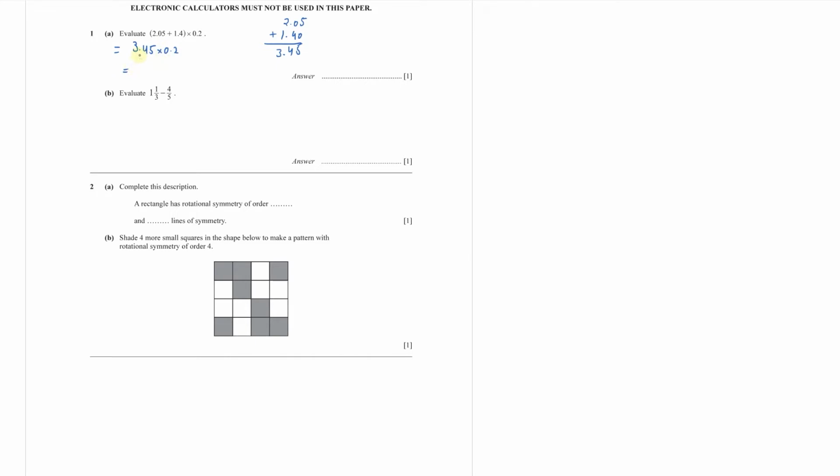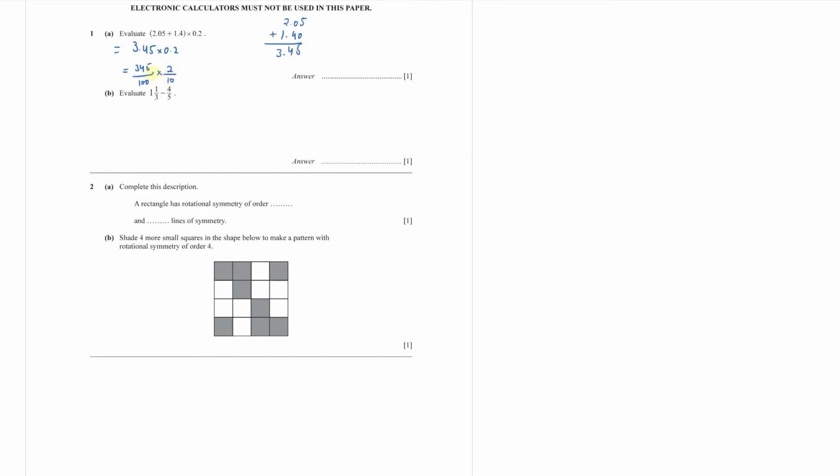So now you can do the decimal multiplication if you want. What I like to do is convert them into a fraction, then multiply, and then you can convert it back into the decimal. So 3.45 is equal to 345 over 100, and then you multiply it by 2 by 10.